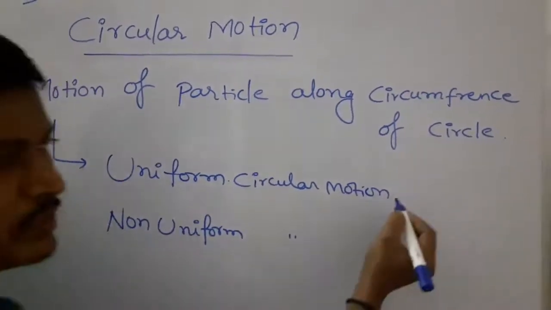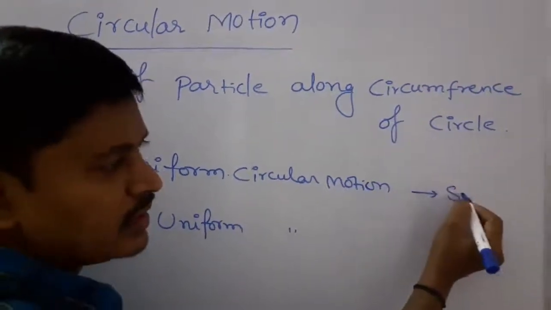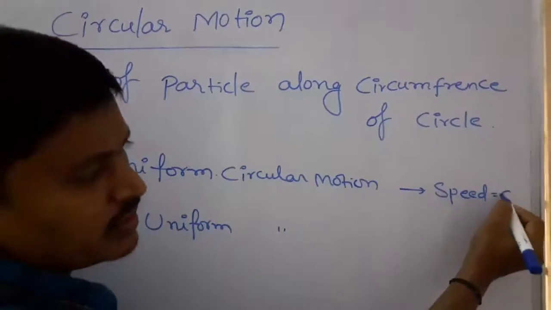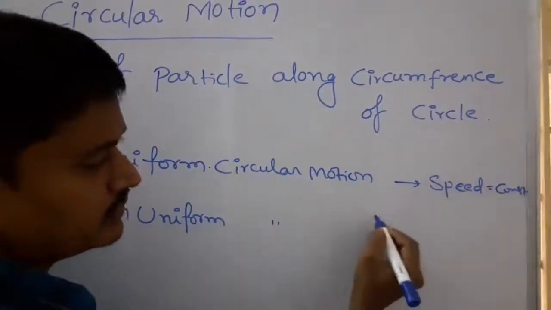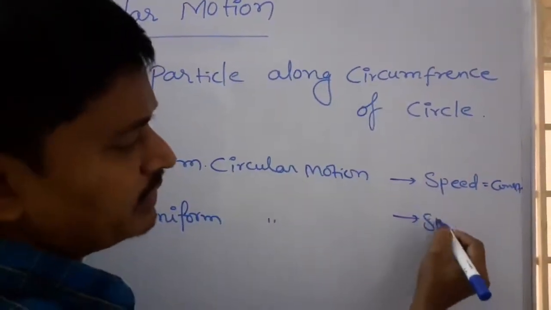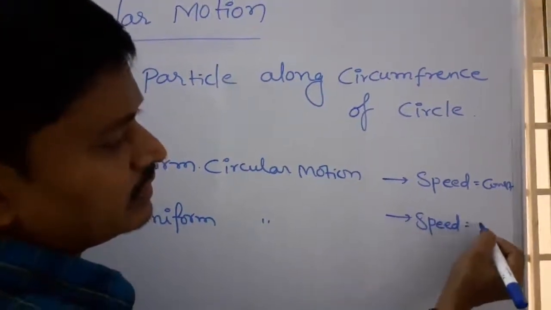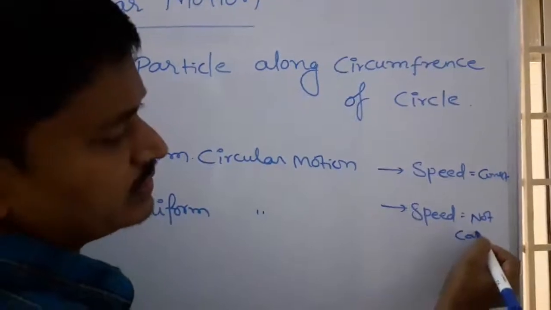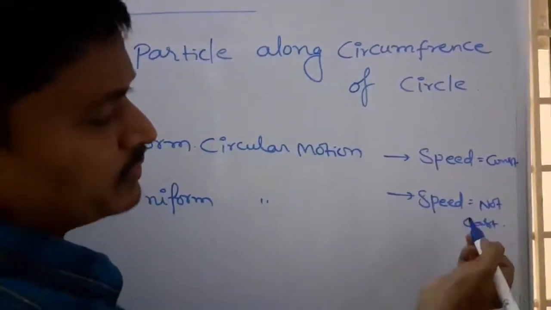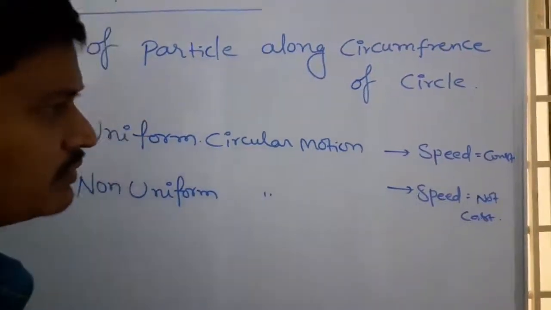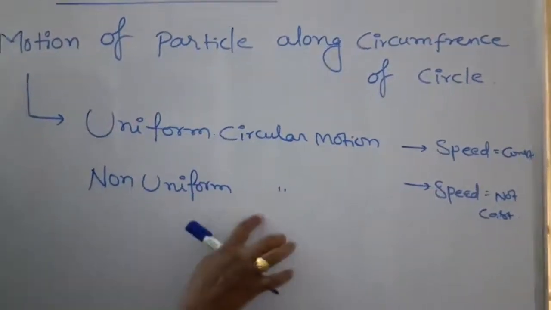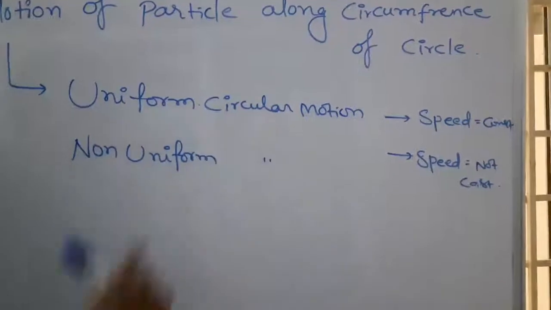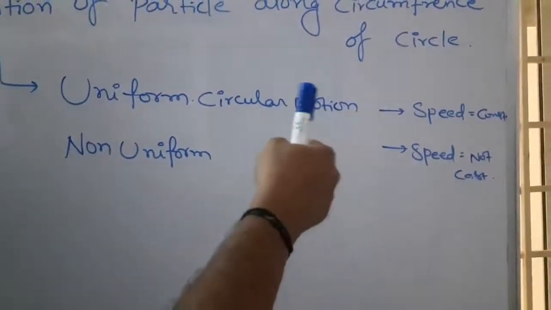Uniform circular motion means the speed is constant at any point on the circumference of the circle. Here, the speed will vary. Speed not constant means it varies with respect to time, so it is called non-uniform circular motion.